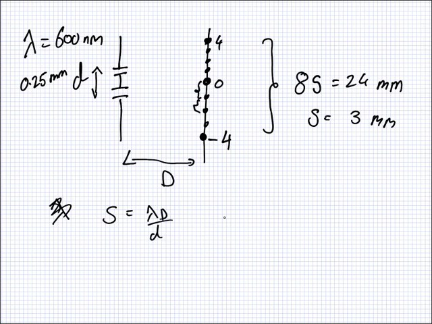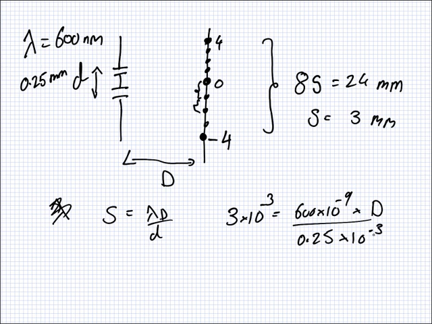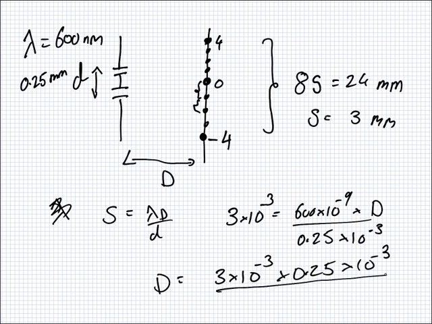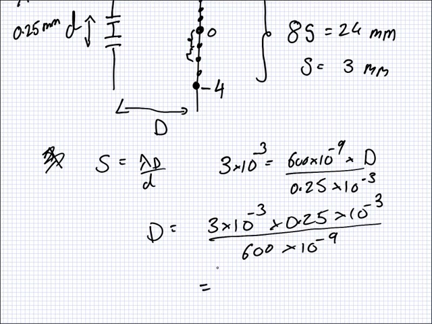So that means 3 millimeters equals 600 nanometers times big D, which is what we want, over small d, which is 0.25 times 10 to the minus 3. So I can get the D here. D will be 3 times 10 to the minus 3 times 0.25 times 10 to the minus 3 over 600 times 10 to the minus 9. So that should work out to be a reasonably sized number.